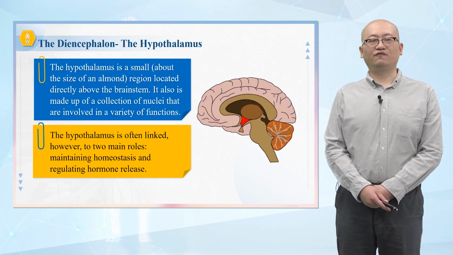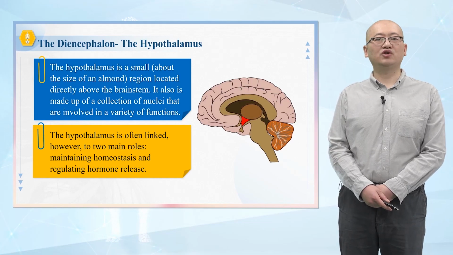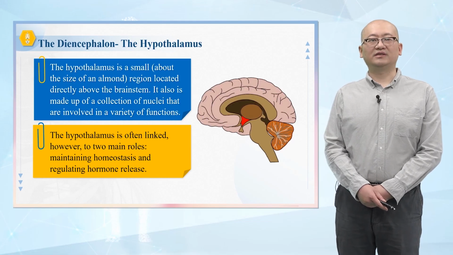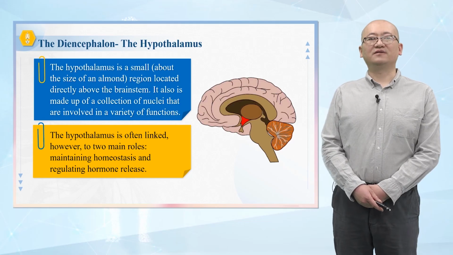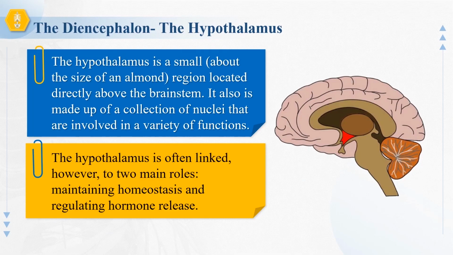Optimal biological function is facilitated by keeping things like body temperature, blood pressure, and caloric intake and expenditure at a fairly consistent level. The hypothalamus receives a steady stream of information about these types of factors.